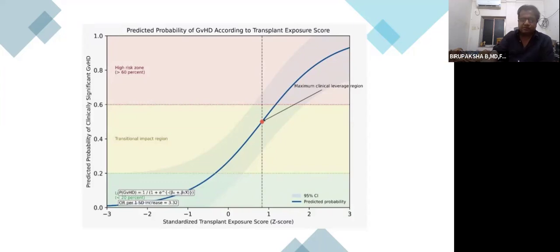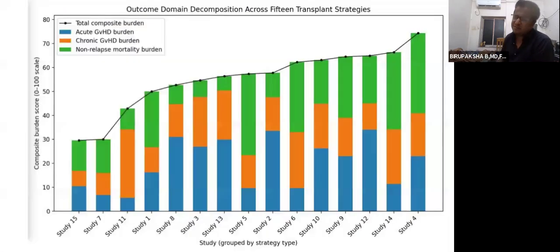Right. So this is a very subtle, non-important graph. The study characteristics. These are the studies that were taken. The maximum yield that I have got is from study 4, right? Non-relapse mortality burden. You can see it. It's self-explanatory.